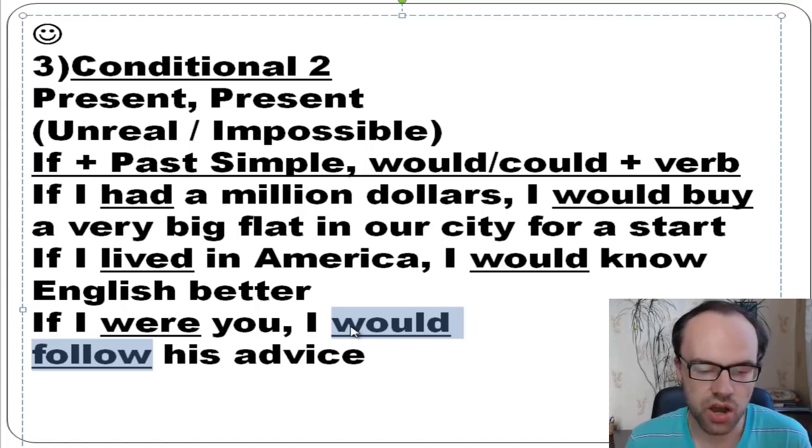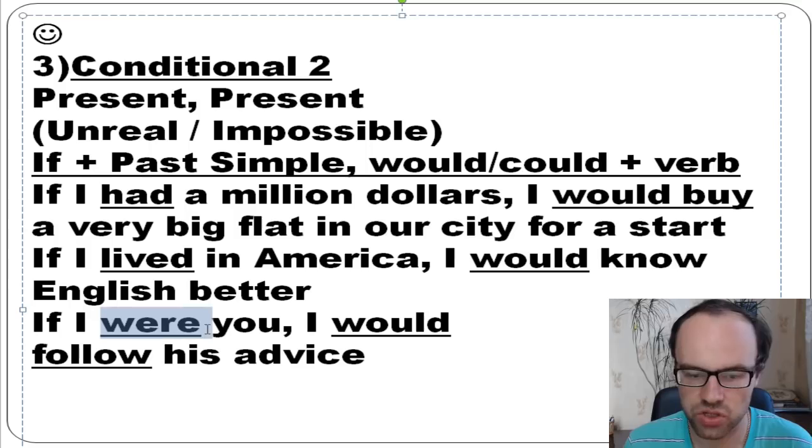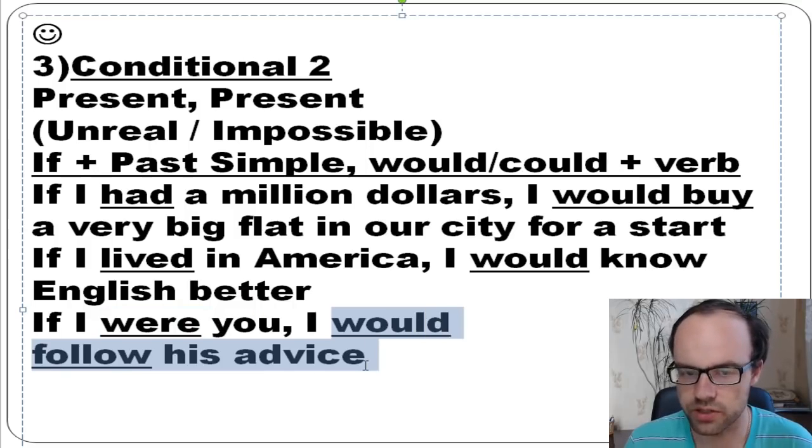So we say, if I were you, if he were you, if she were you, it's okay. So we use were, yeah, it's a rule for conditionals. You can use was, so you can say if I was, but you will sound more formal. So generally we use were, okay? So if I were you, yeah, so it's past simple, I would follow, so would plus verb, his advice.